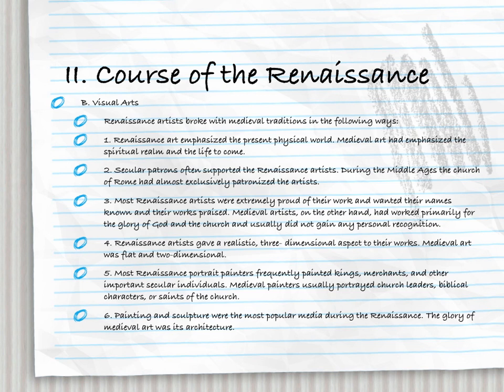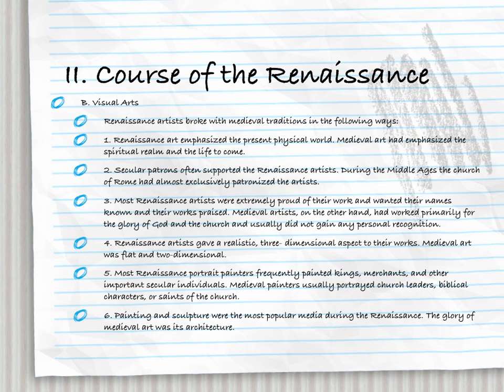Number four, Renaissance artists gave a realistic three-dimensional aspect to their works, and medieval art was flat and two-dimensional. Five, most Renaissance portrait painters frequently painted kings, merchants, and other secular individuals, not necessarily religious ones. Medieval painters focused on religious leaders, biblical characters, and saints, because again, they were being paid to make art by the church.